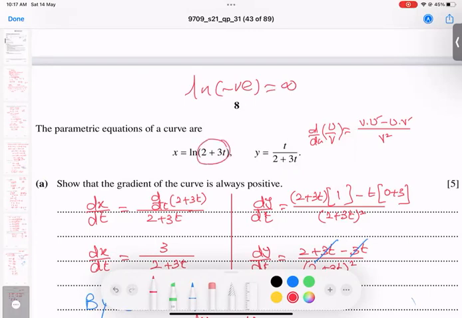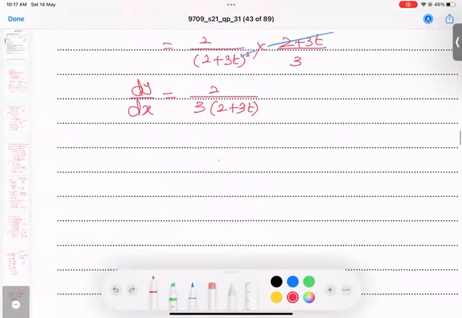Positive means 2 plus 3t should be bigger than 0. So for x to be defined, we must need 2 plus 3t bigger than 0.